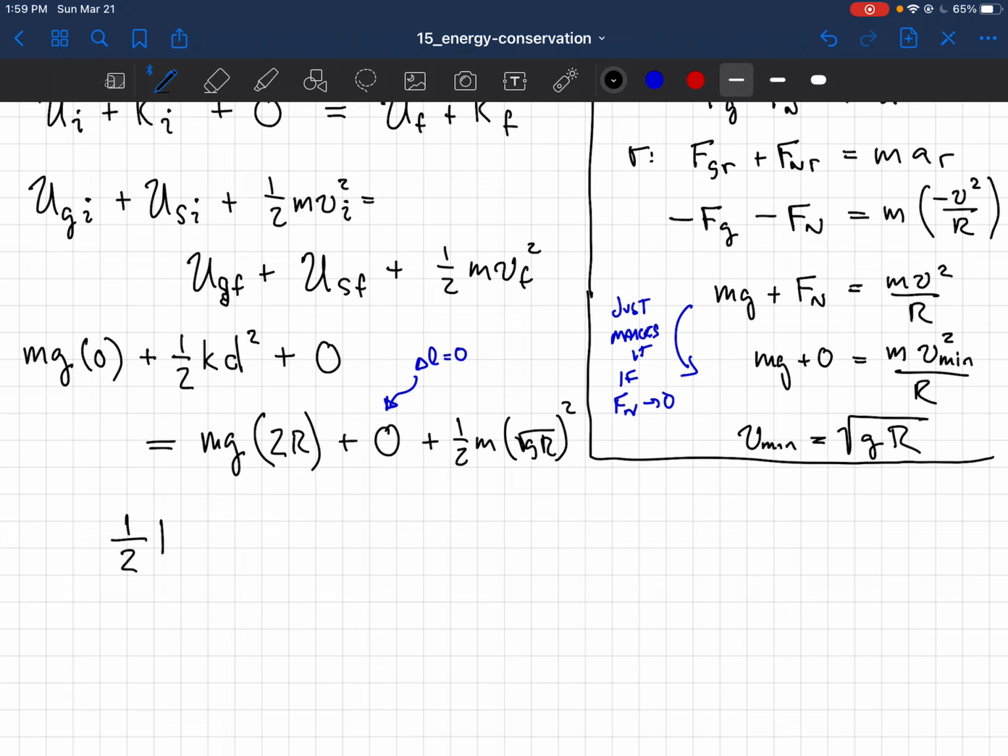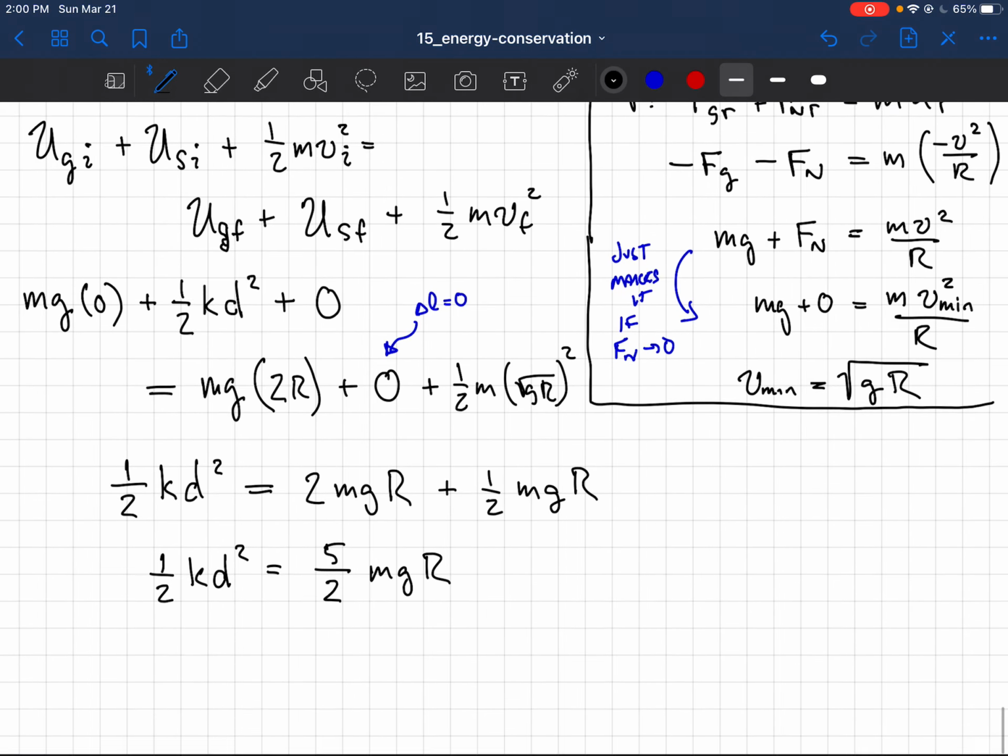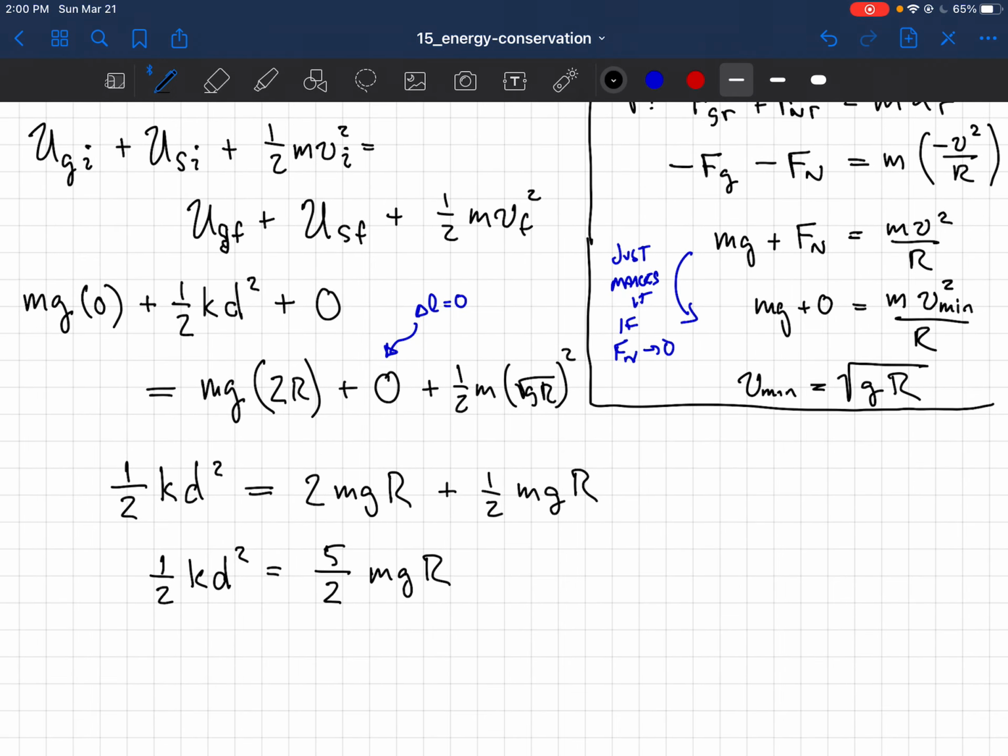So what does that lead to? We have 1/2 k d squared, the rest was 0, is equal to 2 mgr plus 1/2 m, and then we square that and we get gr. So we get 1/2 k d squared is equal to, well, 2 is 4 divided by 2, so this is going to be 5 divided by 2 mgr.